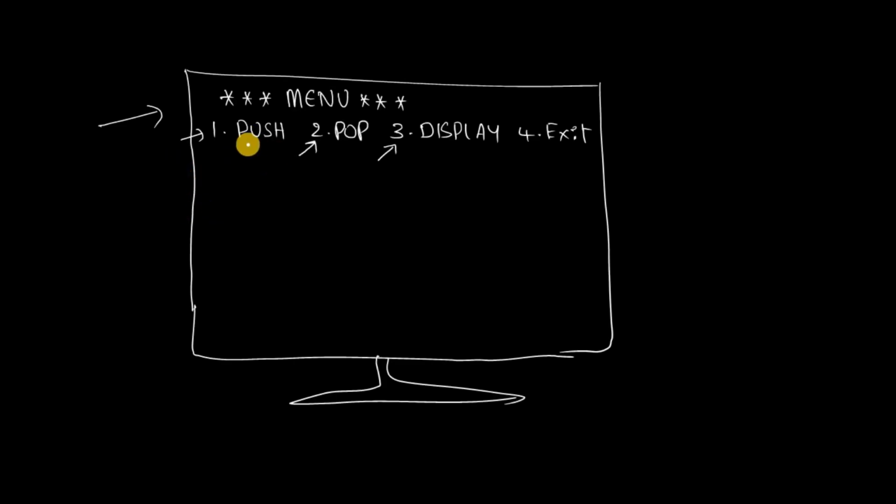Now after this we have to display a message for the user like "Enter your choice." By seeing this message, the user will enter either 1 or 2 or 3 or 4. So first of all display this message on the screen. How can you do that? By using a printf.